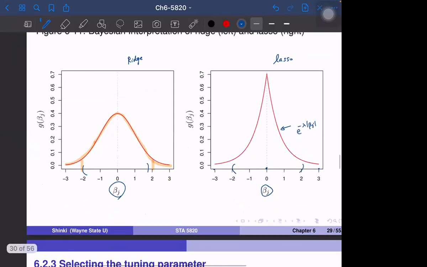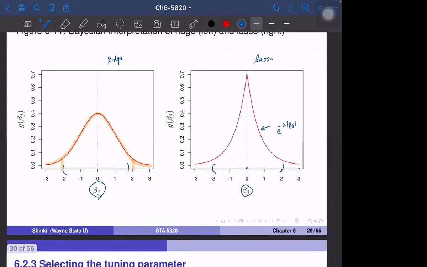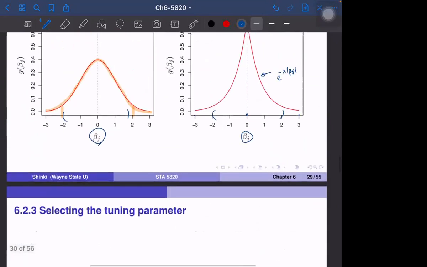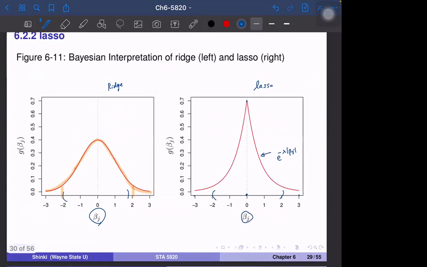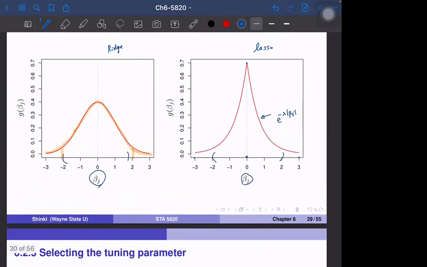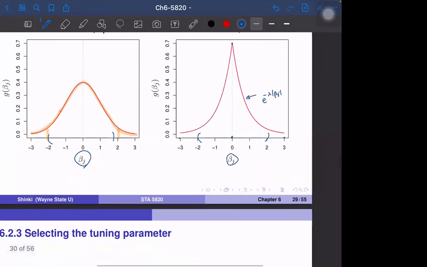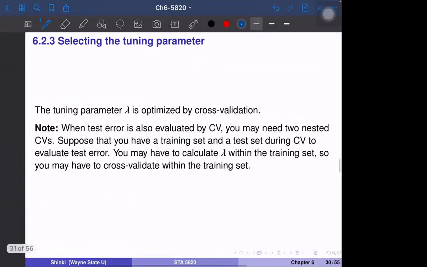Since Lasso has higher density at beta j equal to 0, more estimated parameters beta j become 0. This is the characterization of ridge and Lasso. Again, which is better depends on the case. Basically, if we have many candidate predictors, then Lasso works better. Otherwise, it really depends on the case.